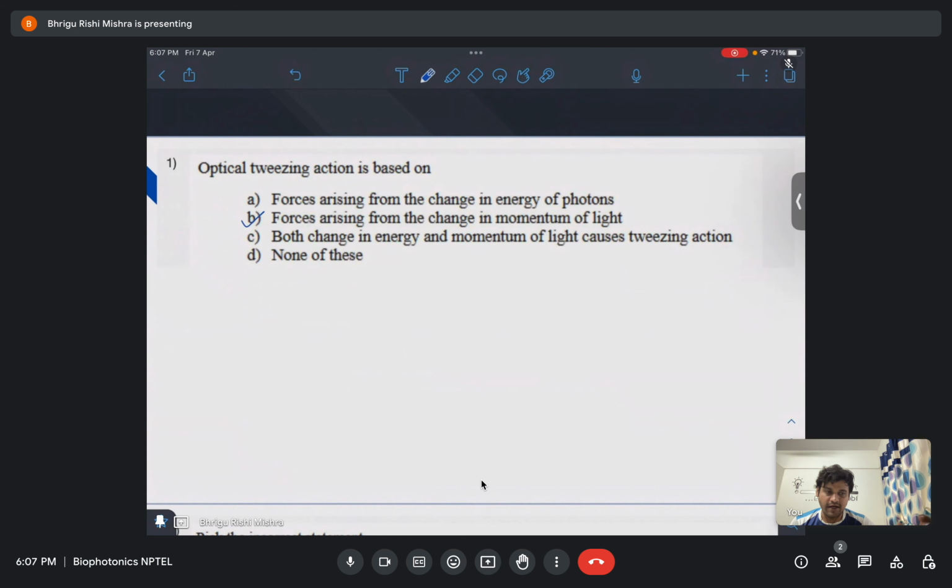The whole idea is to utilize the change in the linear momentum of the photon in a certain time, which produces the force. Suppose I have a spherical particle with refractive index greater than the surrounding medium, in which a laser beam with a wavelength lambda, which is much smaller than the radius of the particle.